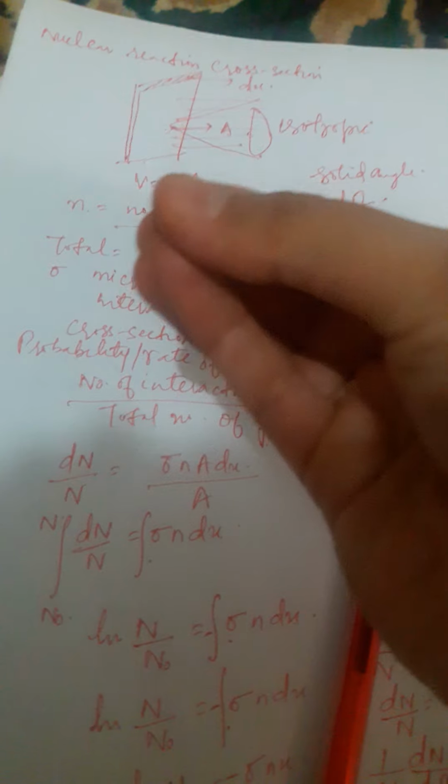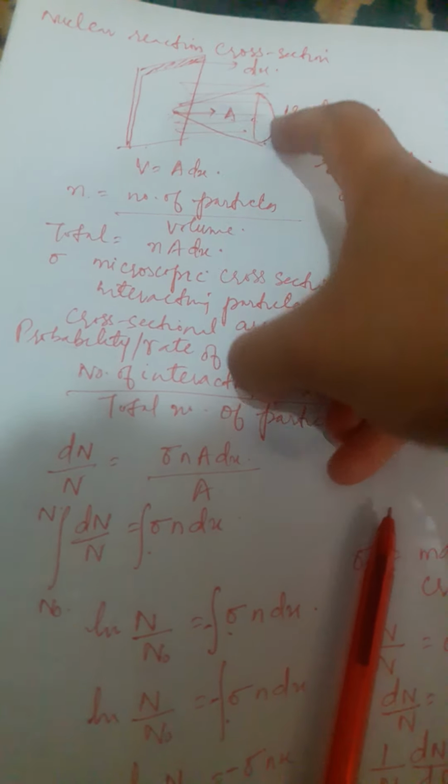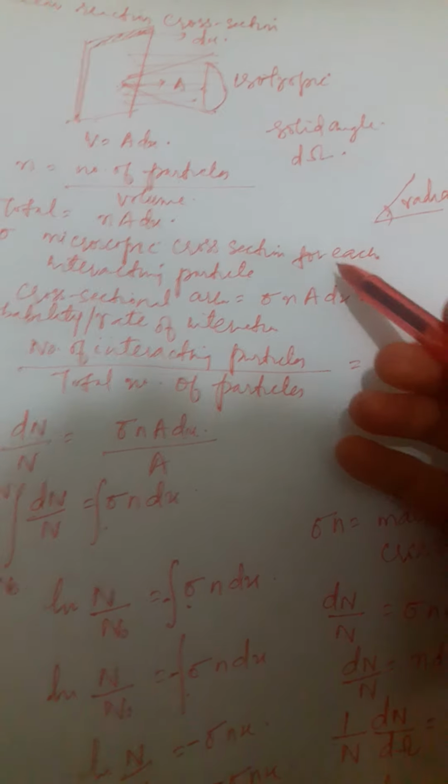It's not a plane angle. This angle is called a solid angle. It has been subtended by a surface at a center, not just by two lines but by a number of lines. Therefore we call it a solid angle.